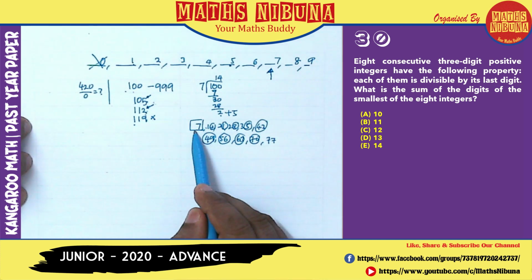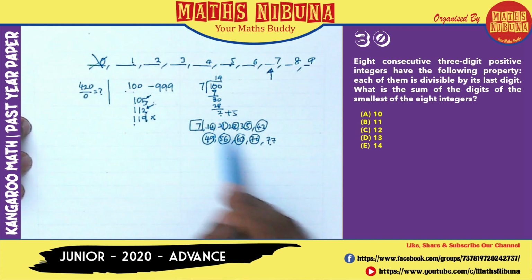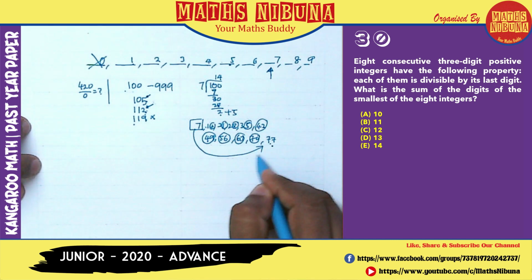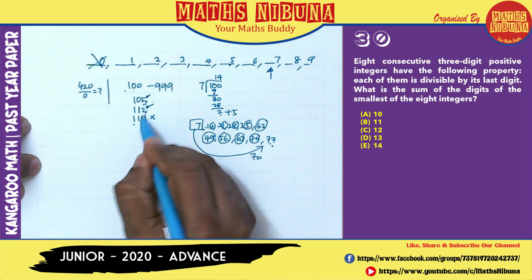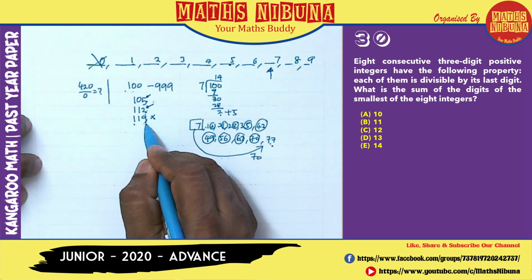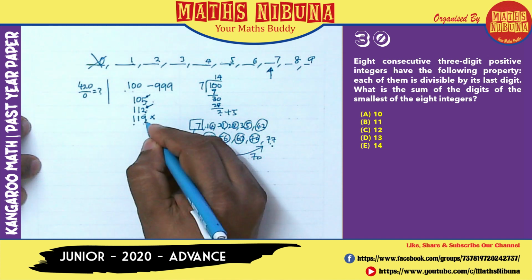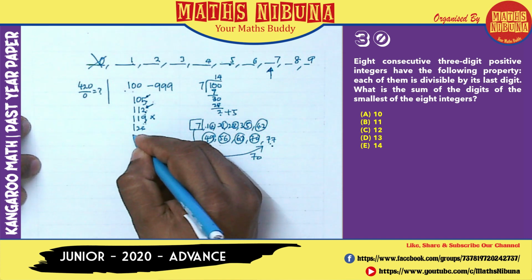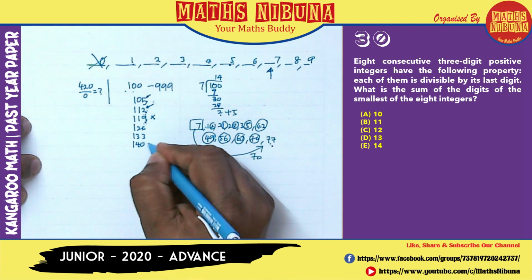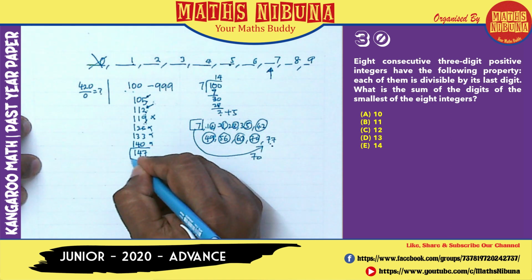That means from 70, for the next number with last digit 7 that can be divided by 7, you have to plus 70. After 119, I plus 7: 126, then 133, 140, still cannot. And then the first number is 147.